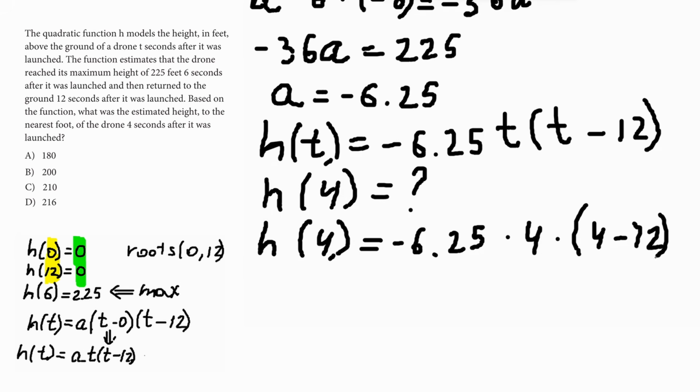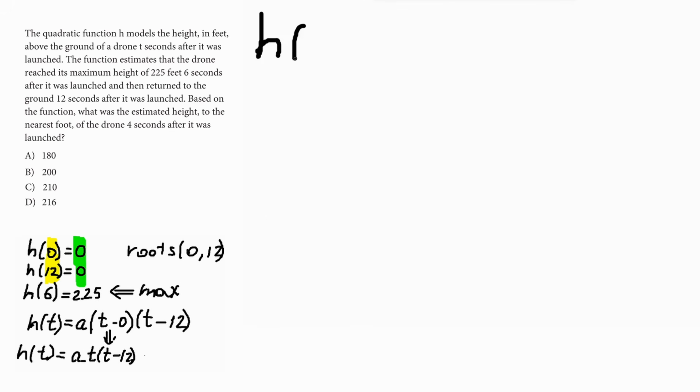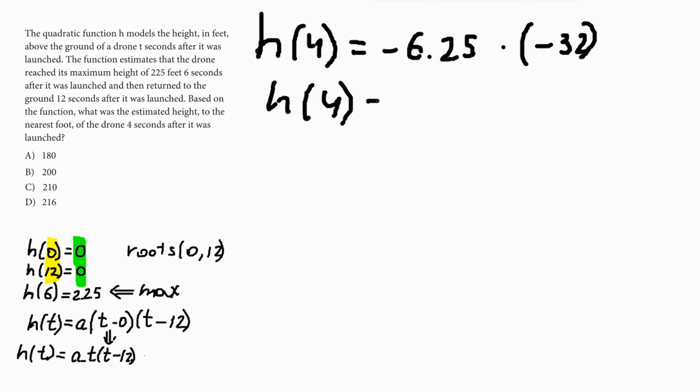And from here, we're going to get negative 6.25 multiplied by 4 multiplied by negative 8. And from here, h of 4 is going to equal negative 6.25 multiplied by negative 32. And this is going to equal 200. So the correct answer is B.